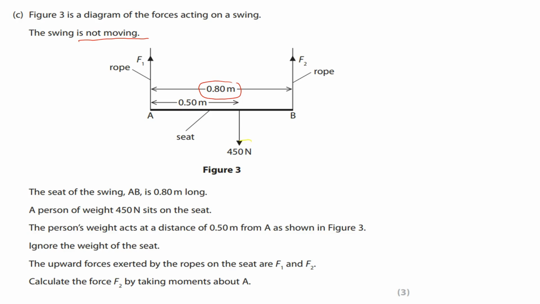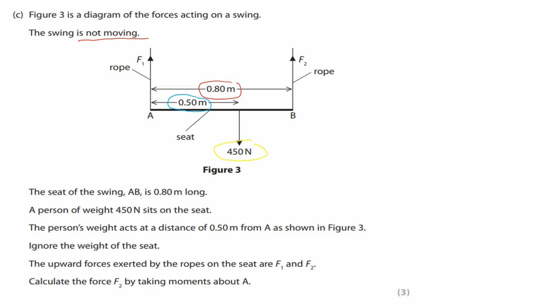Now the person's weight acts at a distance of 0.50 meter from A. So this is the distance between where the person is sitting and the point A, and that is 0.50 meter. Ignore the weight of the seat.